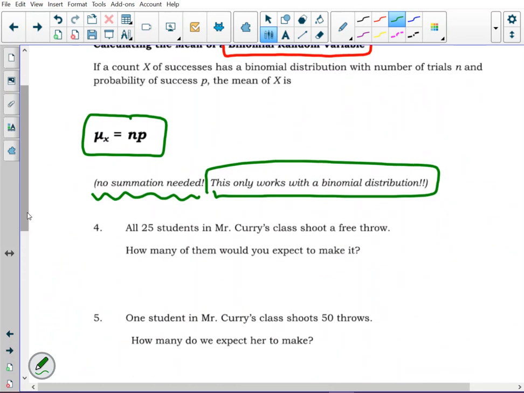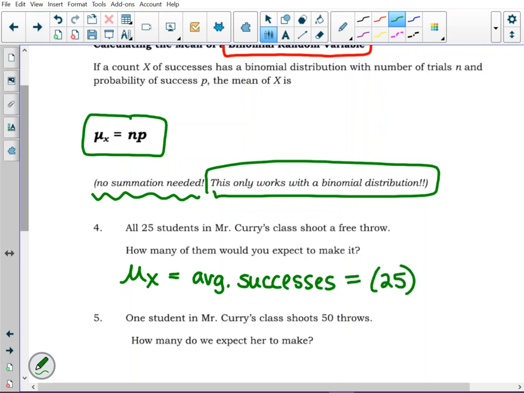So if I want to say, hey, all 25 of the people in Mr. Curry's class are going to shoot, how many successes do I expect? My average number of successes, and that's what this represents in a binomial, is equal to the number of trials times the probability of success in one trial.